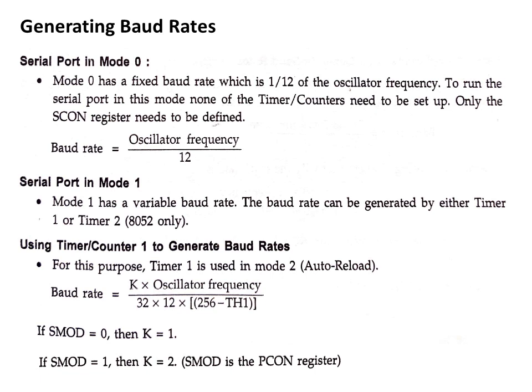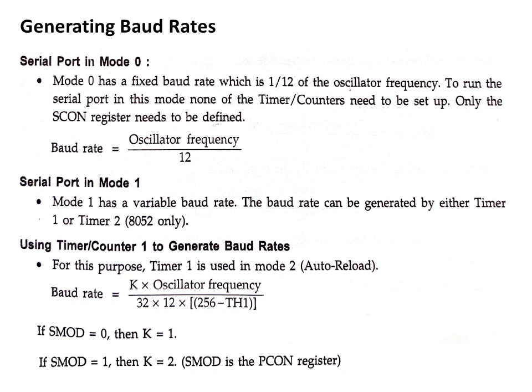The first topic is generating baud rates, that is symbol rates, using the serial port in different modes, that is mode 0, mode 1, mode 2 and mode 3. Now let us start with the first operation, that is serial port in mode 0. Mode 0 has a fixed baud rate which is 1 by 12 of the oscillator frequency, as we studied earlier.